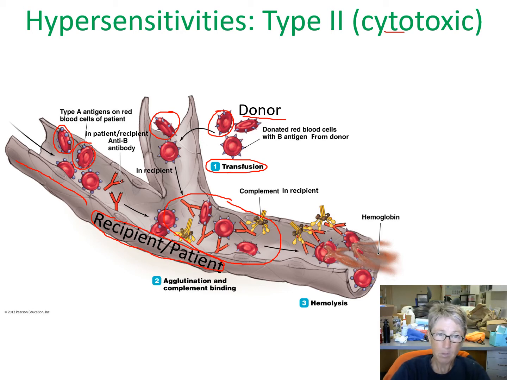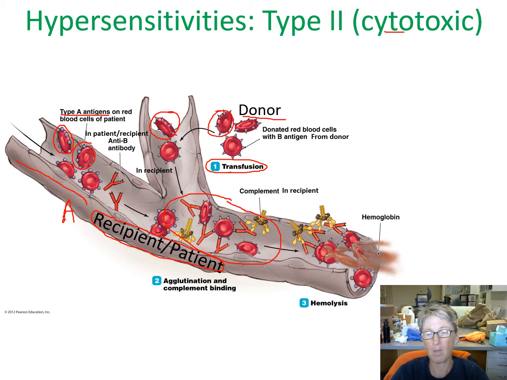Okay, so the recipient or the patient, if you remember from 202, has type A antigens on their red blood cells. That means the recipient, aka patient, is type A blood. And we're not going to talk about whether they're A positive or negative, because that's the Rh factor that gives you the positive or negative.